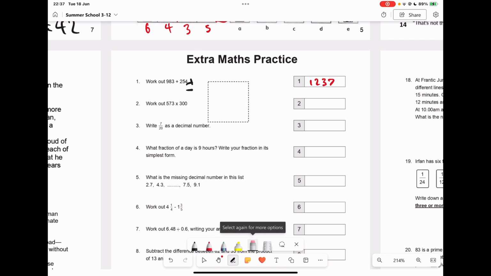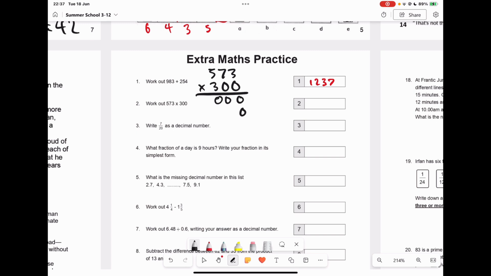Okay, now just making some space. 573 times 300, so 573, 300. So first you multiply by 0, and that will be 0, 0, 0, extra 0, 0, 0, 2 zeros, and then 3 times 3 is 9, 7 times 3 is 21, 5 times 3 is 15.